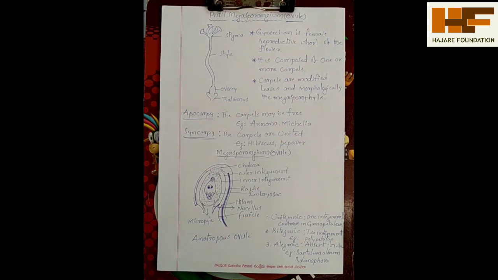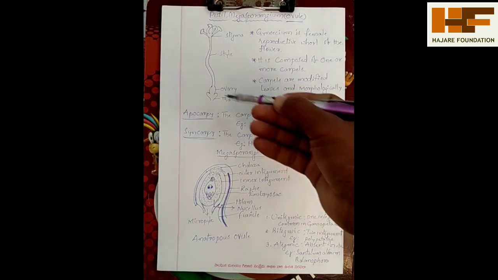Either a single ovule may be present, commonly seen in sunflower, wheat and paddy, or some plants have many ovules. The ovary is composed of a larger number of ovules in many plants.